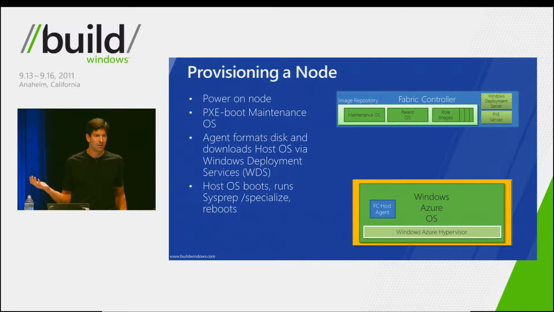Anybody know where that name Red Dog came from? I'm sure somebody's heard the story by now. Nobody? You want me to tell you? All right. So the Windows Azure team had a code name for Windows Azure before it got the name Windows Azure, and that was Red Dog.